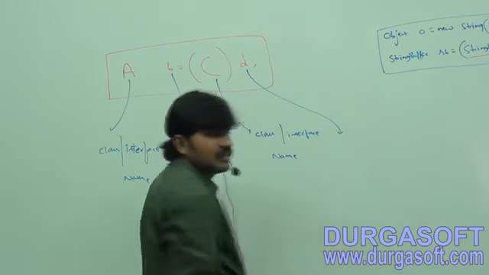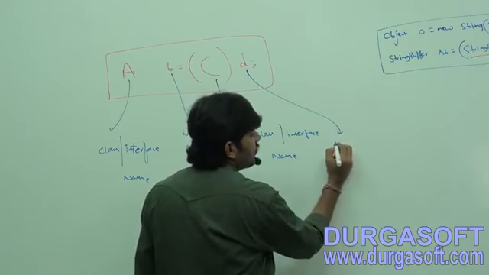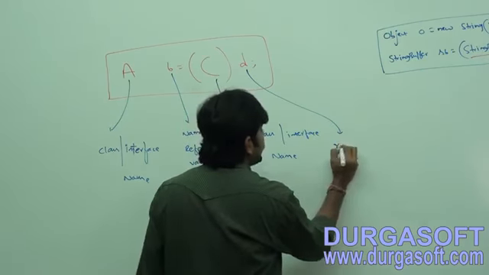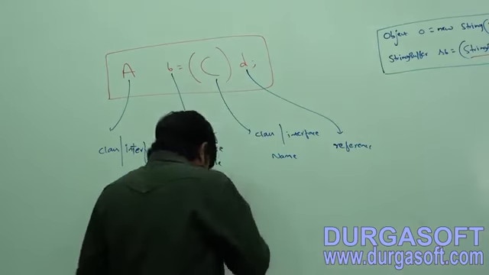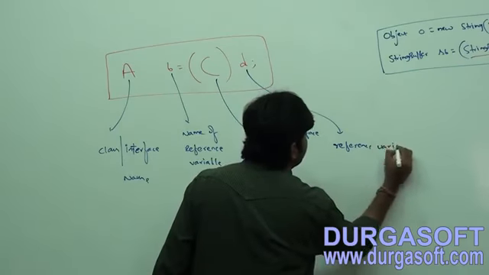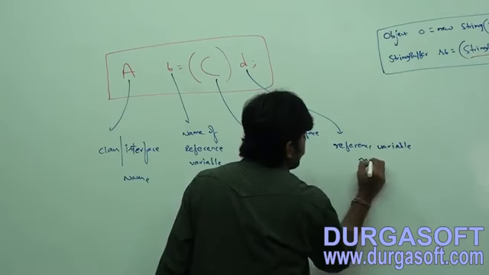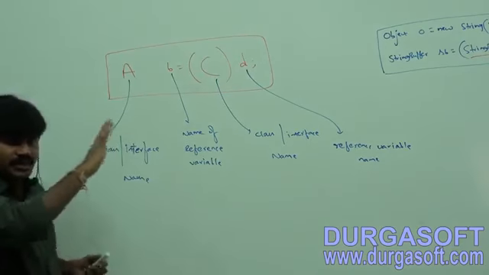D itself is a reference variable name. Now A, B, C, D.